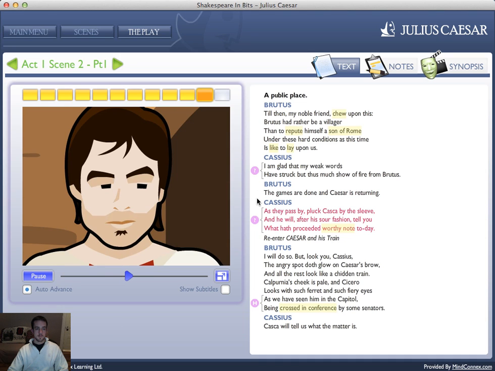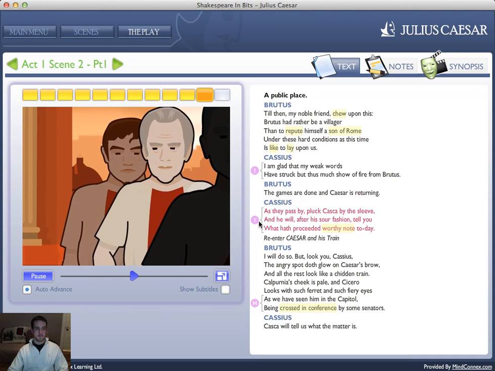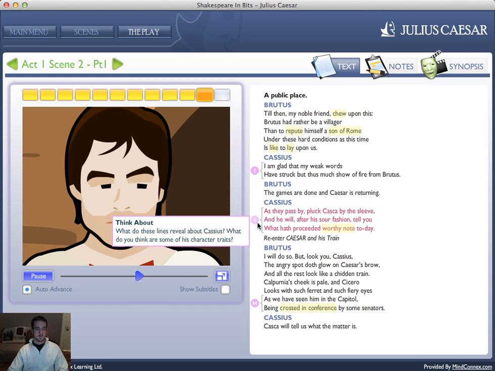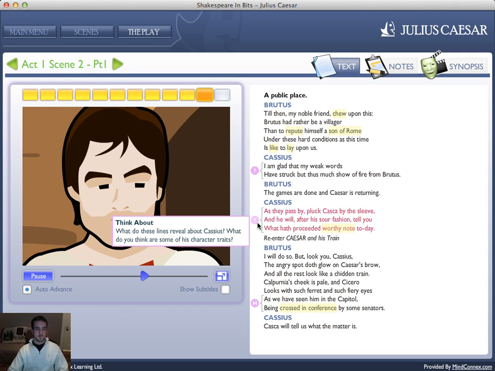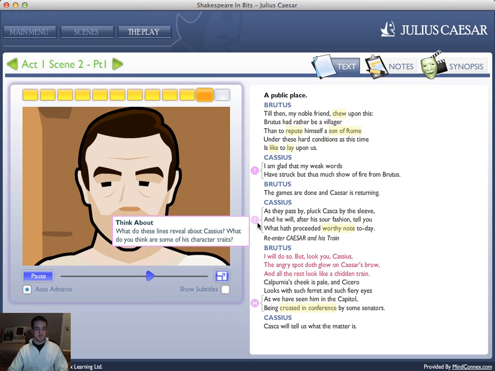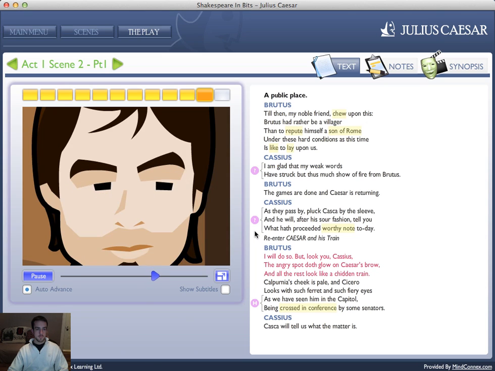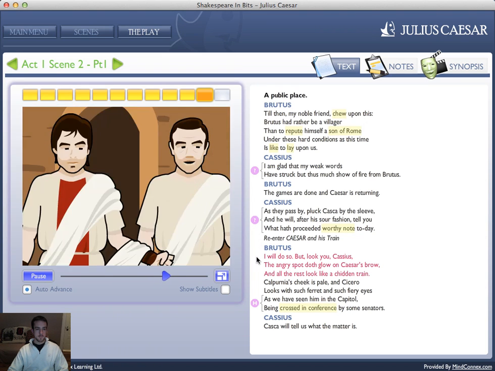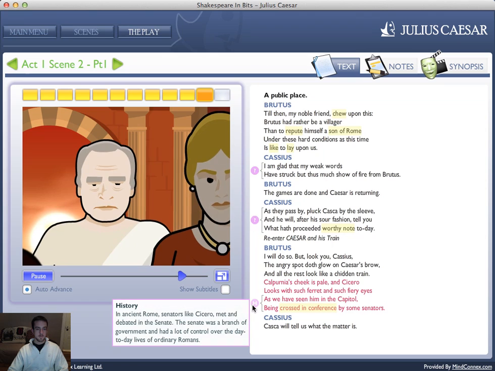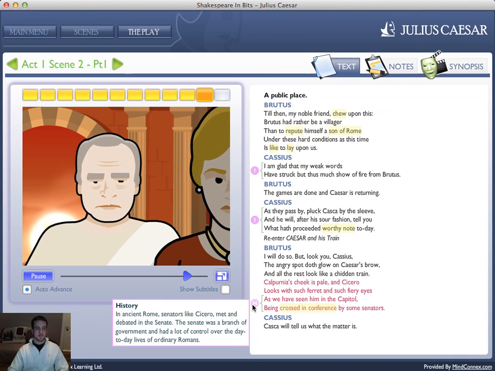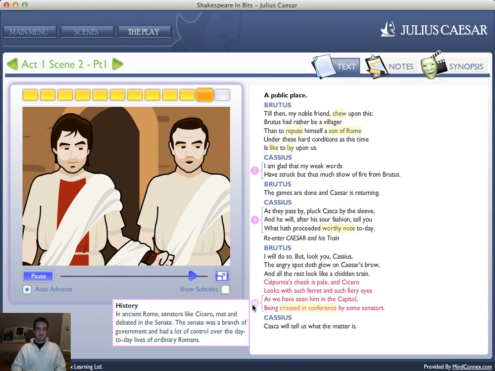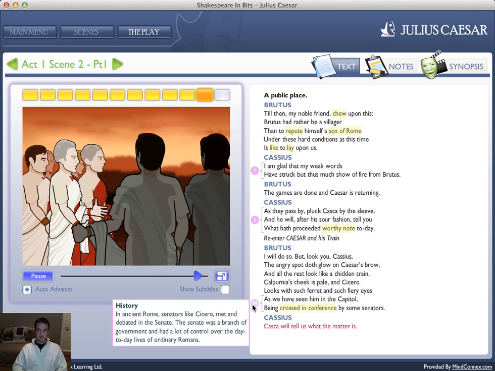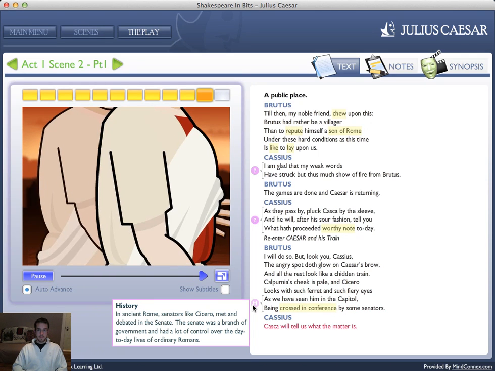As they pass by, pluck Casca by the sleeve, and he will, after his sour fashion, tell you what hath proceeded worthy note today. I will do so. But look you, Cassius, the angry spot doth glow on Caesar's brow, and all the rest look like a chidden train. Calpurnia's cheek is pale, and Cicero looks with such ferret and such fiery eyes as we have seen him in the Capitol, being crossed in conference by some senators. Casca will tell us what the matter is.